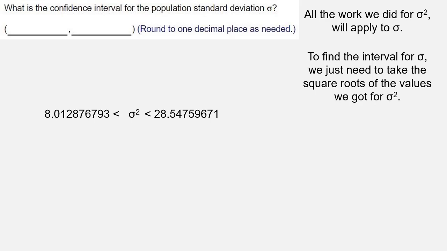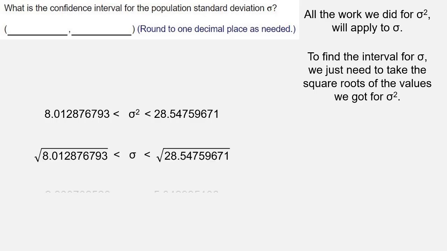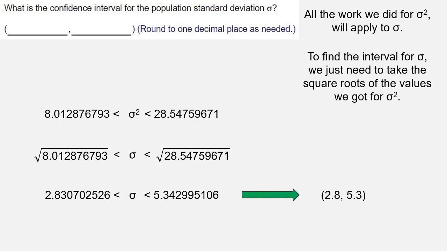So here's our confidence interval for the variance. We take the square root of each part, and when we simplify those square roots, we have this confidence interval, which now is for the standard deviation. We round this to 1 decimal place, and we get a confidence interval of 2.8 to 5.3. That's your confidence interval for the population standard deviation.